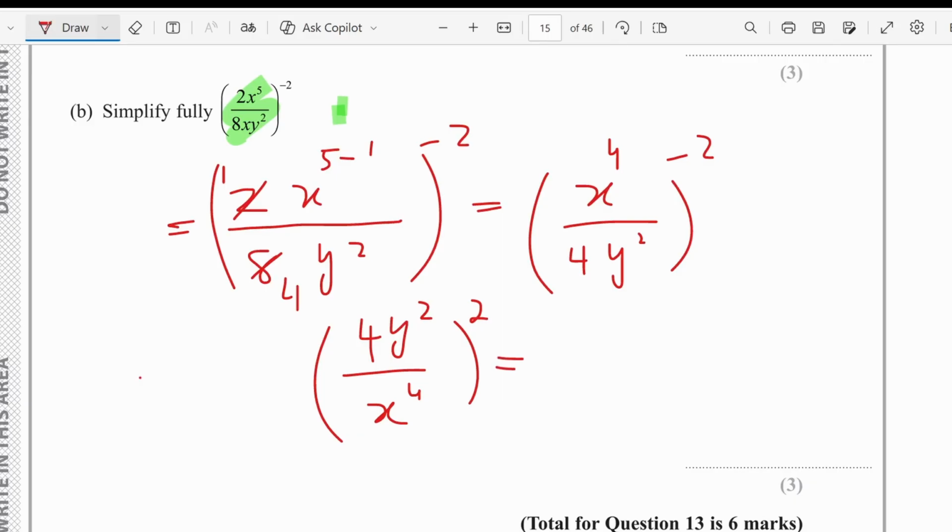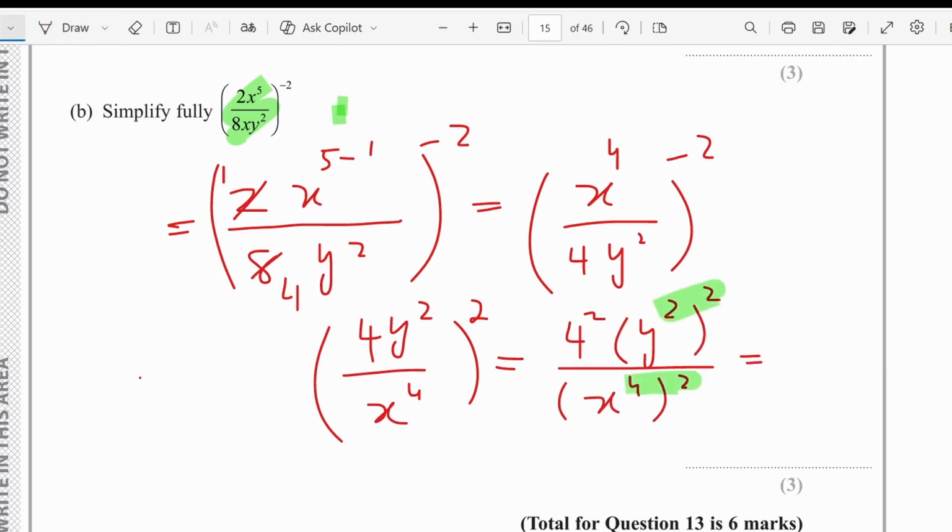Now we'll open this whole square, meaning 4 squared times y squared all squared and x raised to power 4 whole squared. So for the indices rule, when two powers are there, they will multiply the powers. 4 squared is 16, 2 times 2 is y raised to power 4 and x raised to power 4 times 2 is 8. That's our final answer.